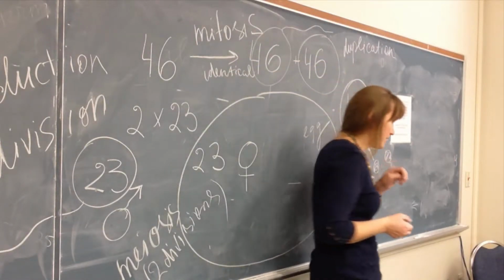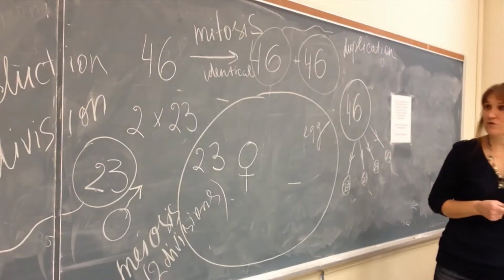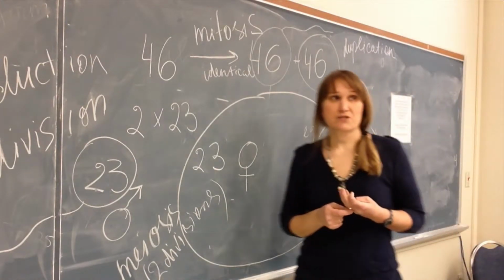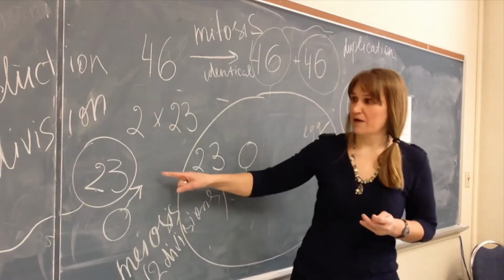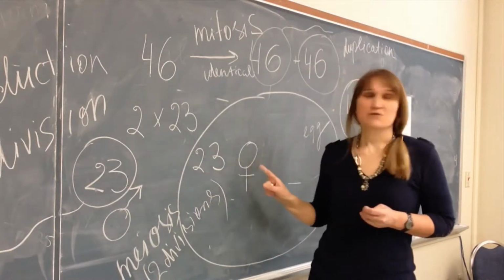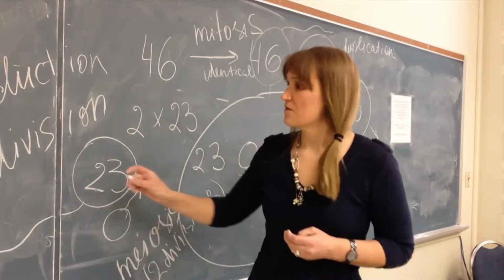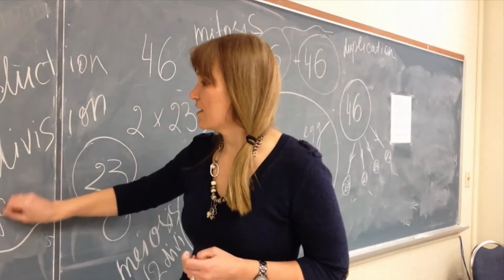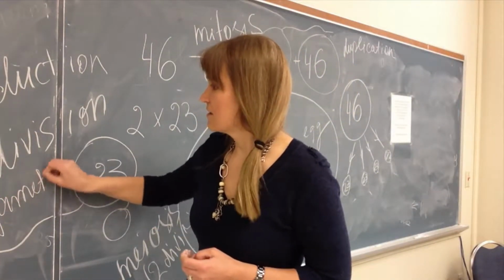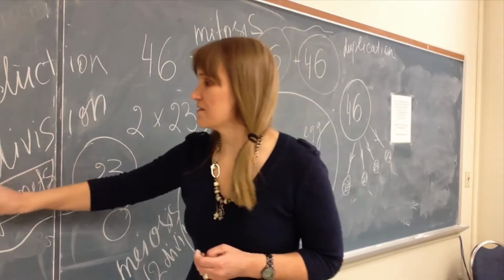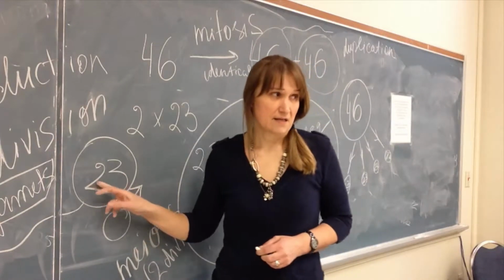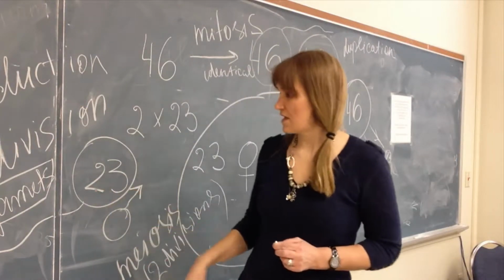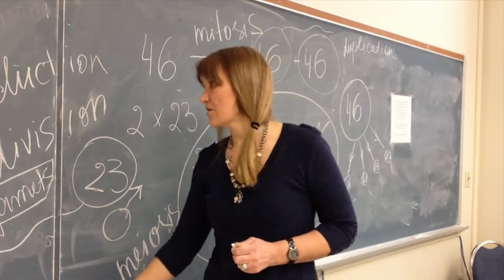Okay, now we are going to look at the special organs of male and females that will help us to create those special cells, which are also called gametes, just to define that they are reproductive cells that carry a single set of 23 chromosomes.